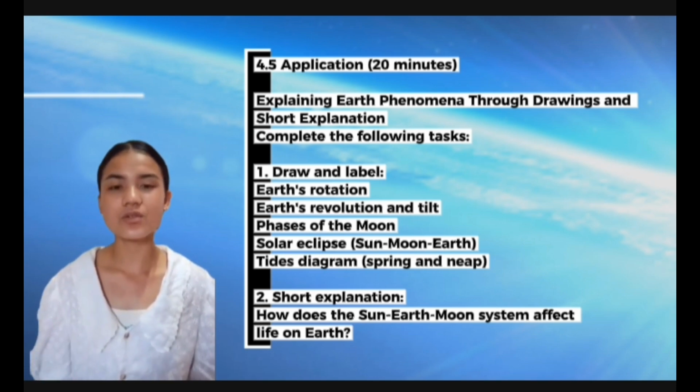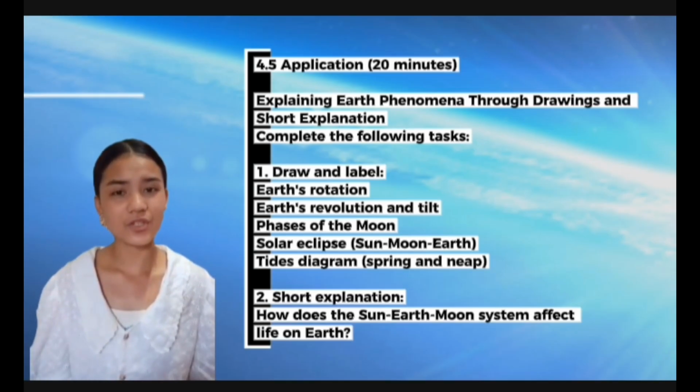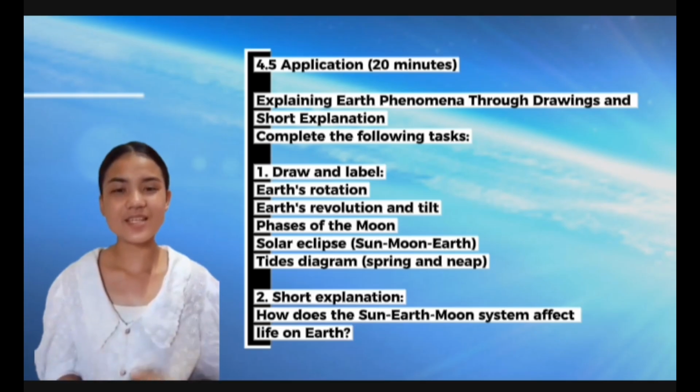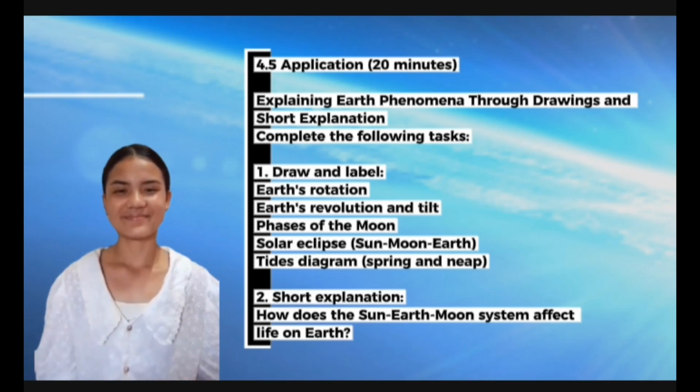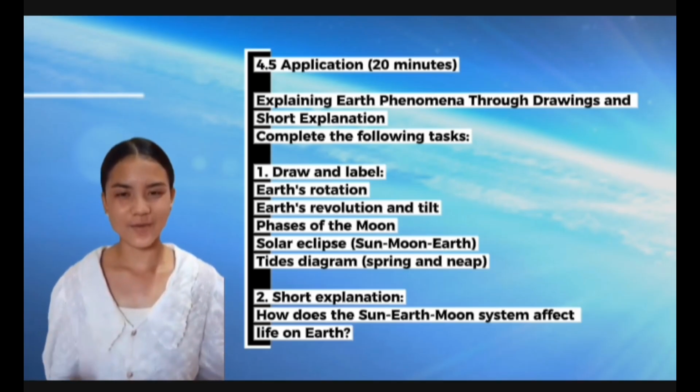Number 2 is to give a short explanation: how does the Sun, Earth, Moon system affect life on Earth? I will only give you 20 minutes for that activity. Understand? Okay, so your 20 minutes starts now.